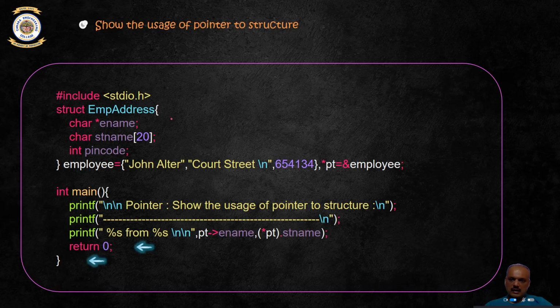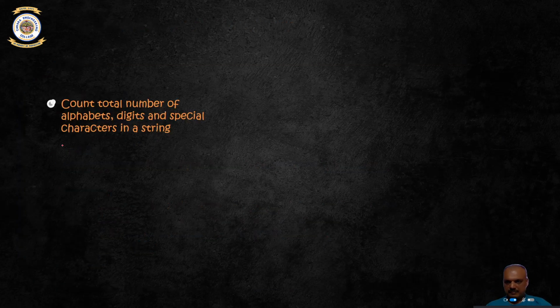Okay, now let's get into the next program. Out here I want you to count the total number of alphabets, digits and special characters in a given string. In the previous program we had seen how to calculate vowels and consonants. Here I assume that this string has digits and special characters apart from vowels and consonants.